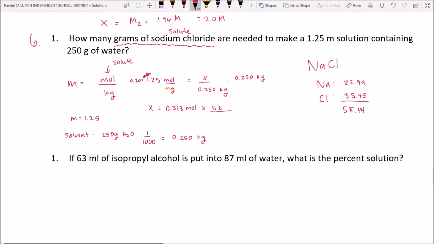So 58.44 grams for every 1 mole. So when you multiply that, you'll get the mass, which is your final answer. So what do y'all get when you do that? 18.1 grams of NaCl is your final answer for that. And we need to reduce that to 18 because there are 2 significant digits in the 250, again, from this 250 right here.